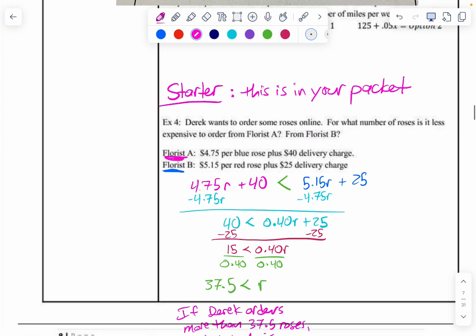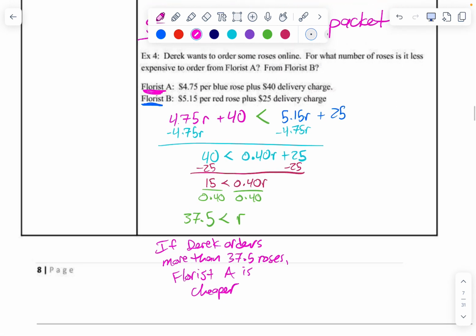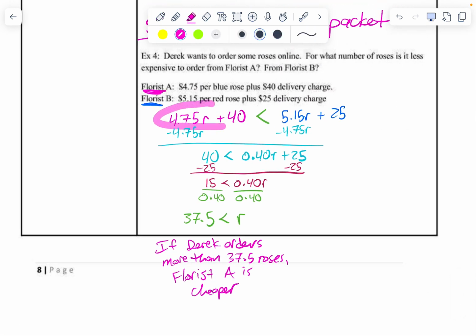Go back to our original setup. What did we set the original inequality up to say? A was less than. Yeah. Florist A is less than florist B. That's what we initially set this up to say. So when we solve through, the R is a count of roses that make that happen.